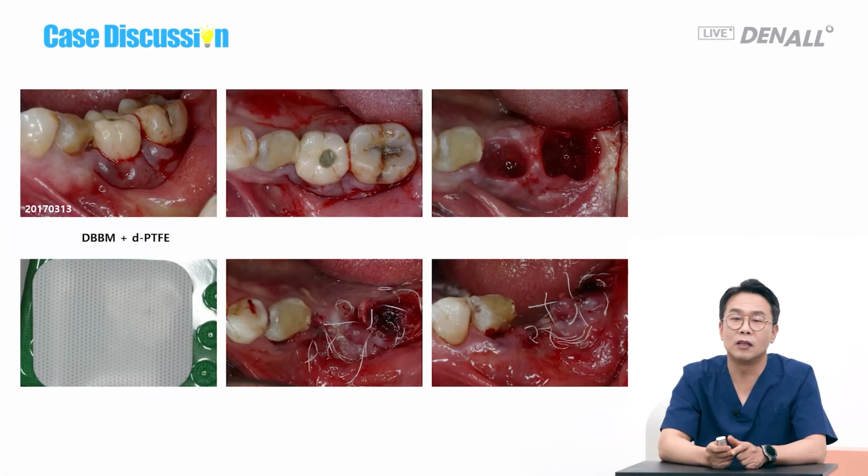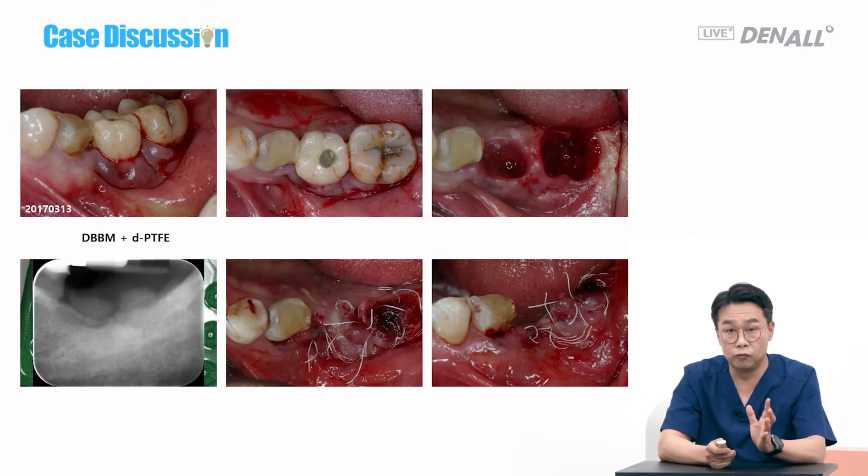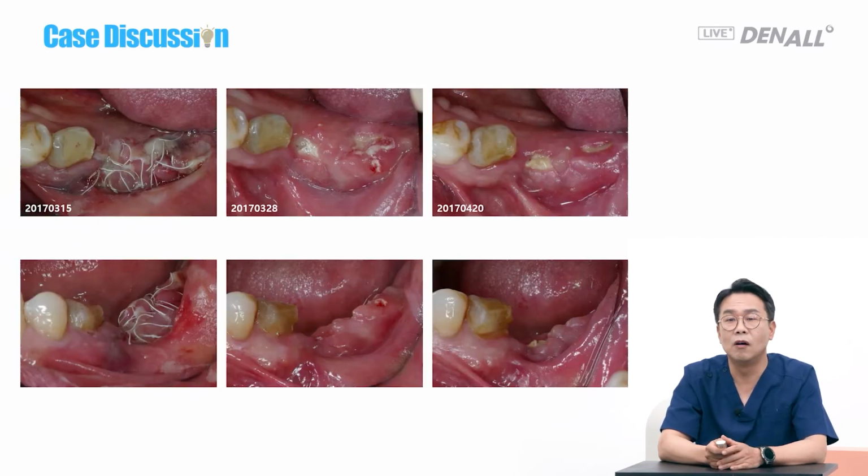The PTFE membrane, which is widely used today, it is not stiff. When I insert it into the extraction socket, it gets crumpled. The previous one maintains its form, but this one gets crumpled, so I couldn't get what I wanted.